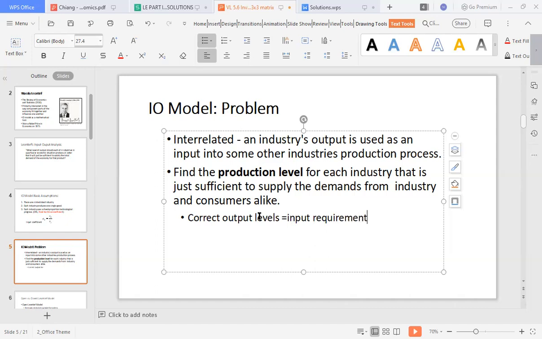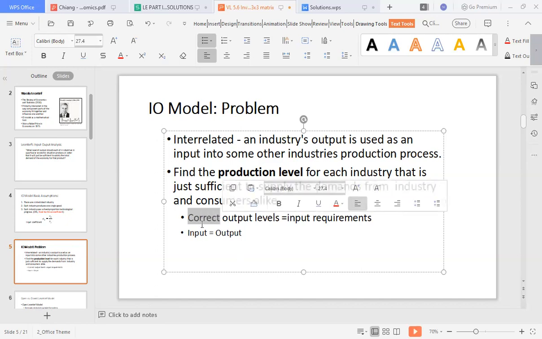So that's why we are calling it input output model, because in that case, the input should be equal to your output. Okay. And why it's the best tool to use, especially in production planning, because it can correct output, it can correct either of these levels.